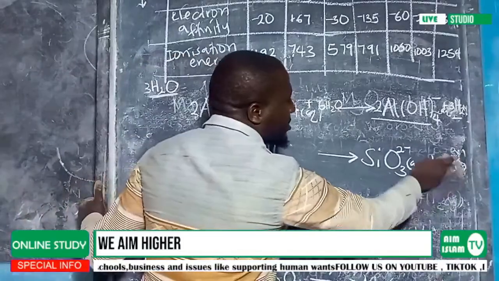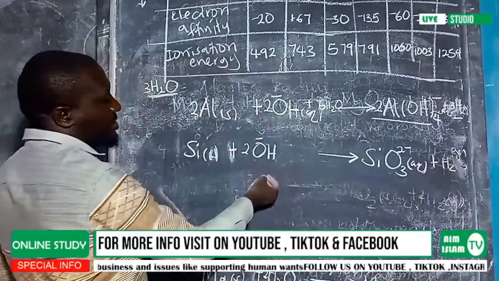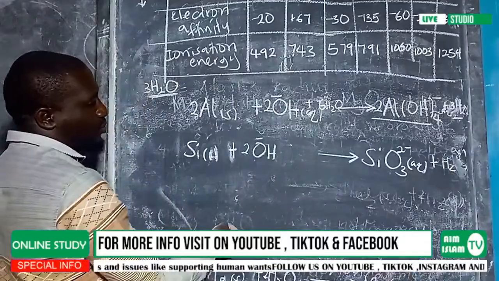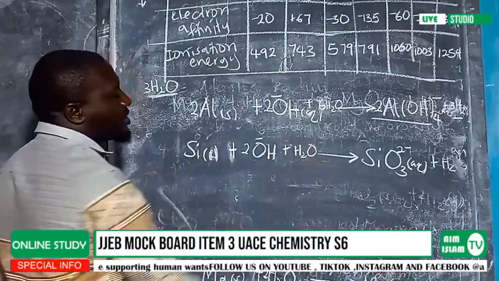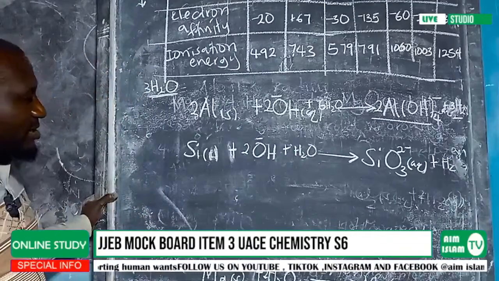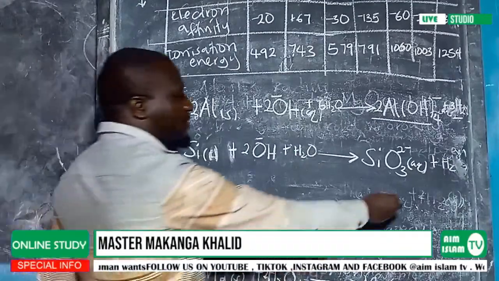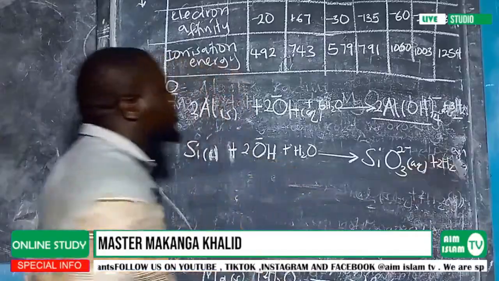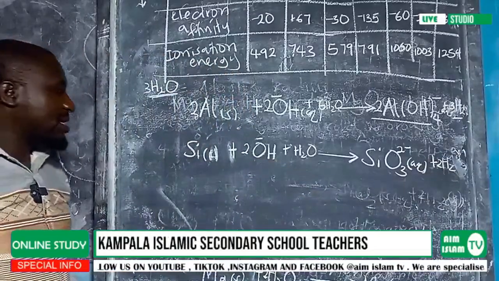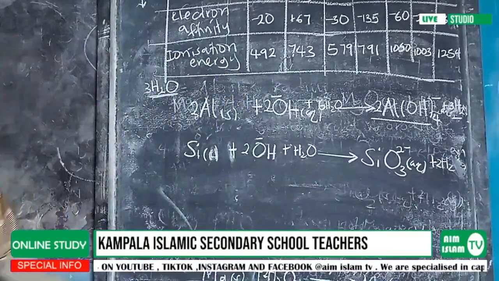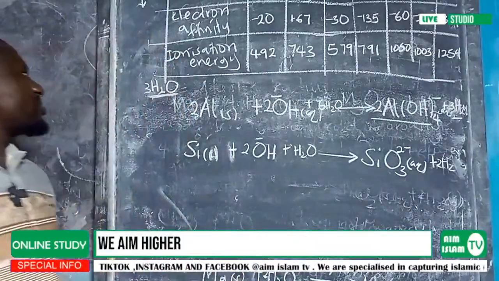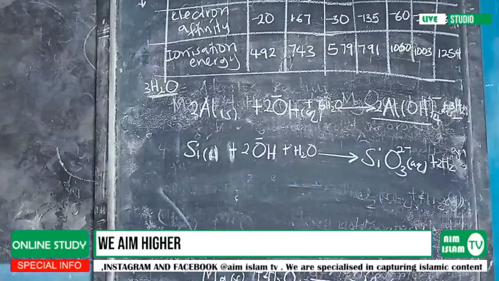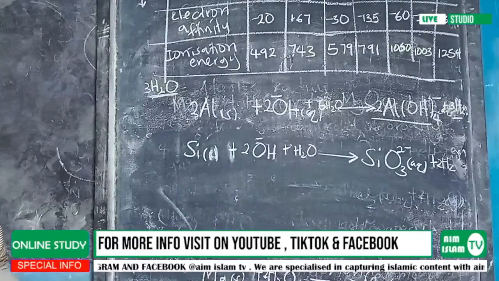Then here you balance with 1 water molecule. Then hydrogen here there will be, so that is balanced, silicate and hydrogen. So that's the reaction with the concentrated alkali.